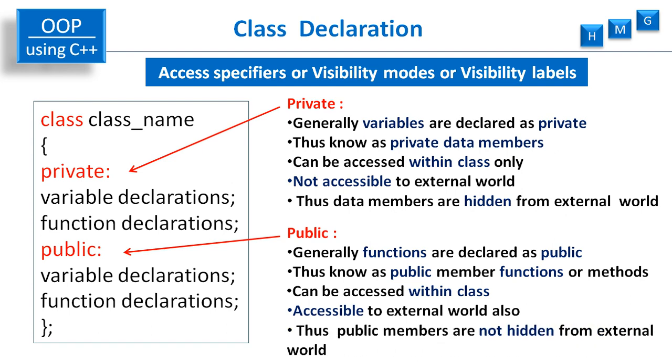Thus, public members are not hidden from the external world. They are accessible, means not hidden, they are not protected.